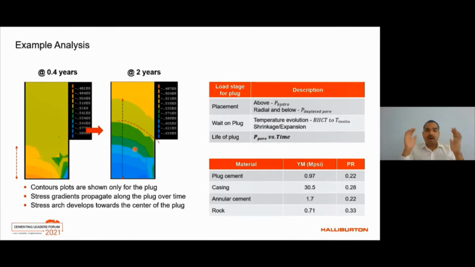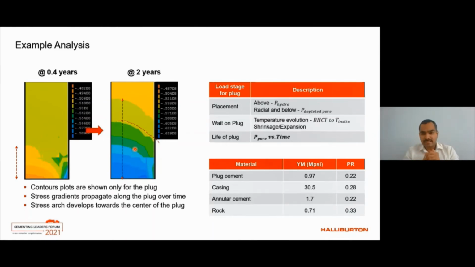Further, because of the boundary effects coming from the casing plug boundary or the rock plug boundary, depending on circumstance, there is a stress arc that forms from either end of the plug towards the center of the plug, if you can imagine. What this is telling us is that the stresses and, as a consequence, the remaining capacities, if we were to calculate them for plug geometry, very much like our life analysis, are a function of space, both in the axial direction and the radial direction.